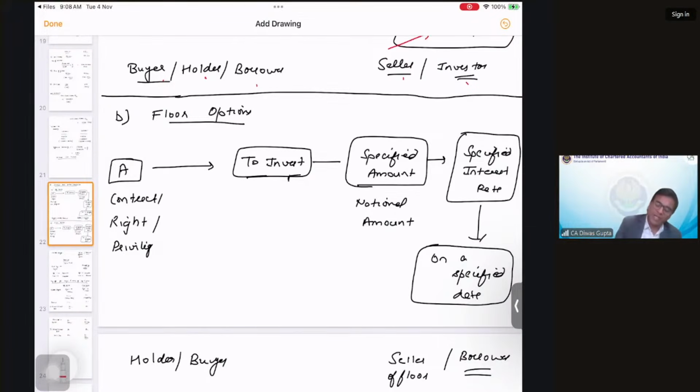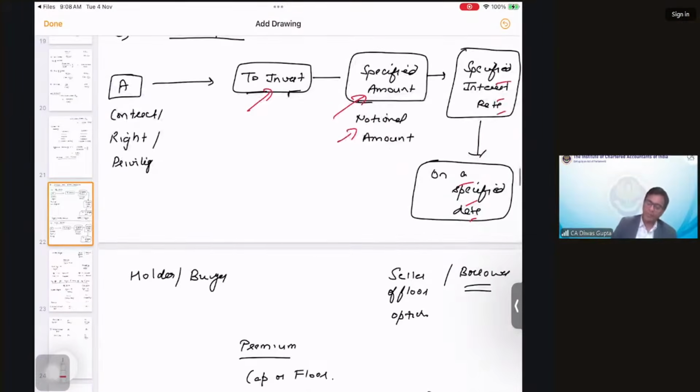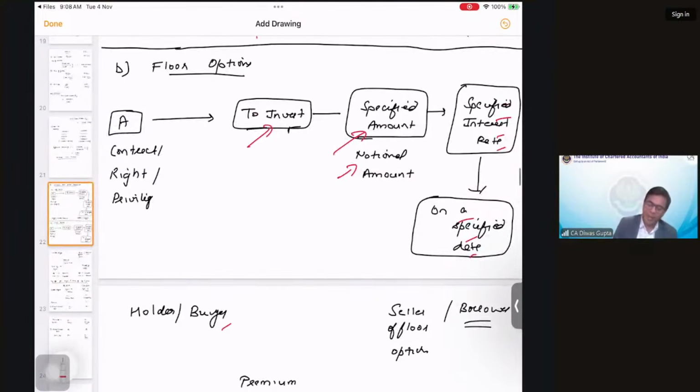Here the change is to invest a specified amount, which is a notional amount, at a specified interest rate on a specified date. And there is a holder or buyer, and there is a seller or borrower. So the holder or buyer will become the person who would want to invest in the case of a floor option, and the seller of the floor will become the borrower.